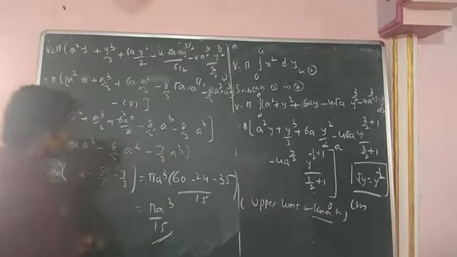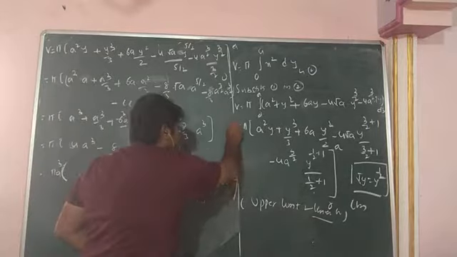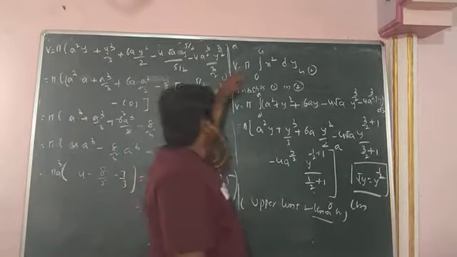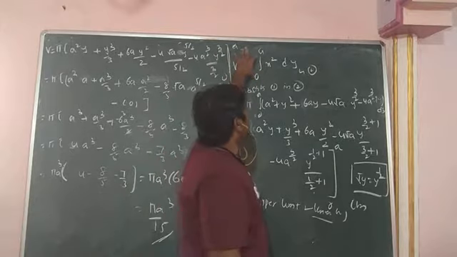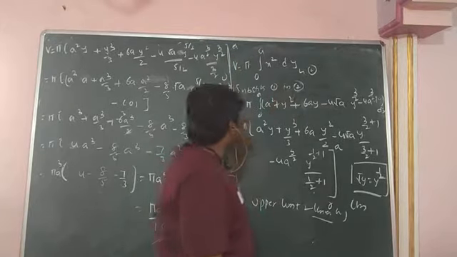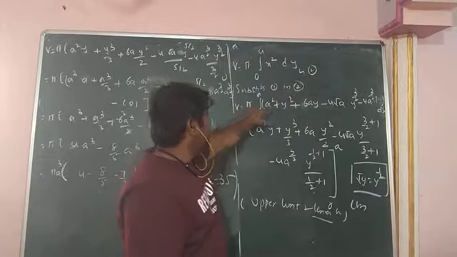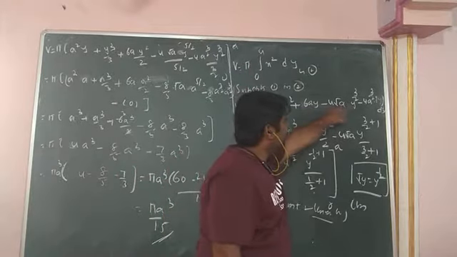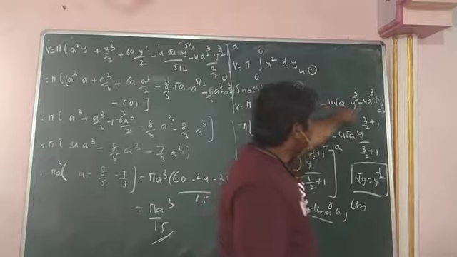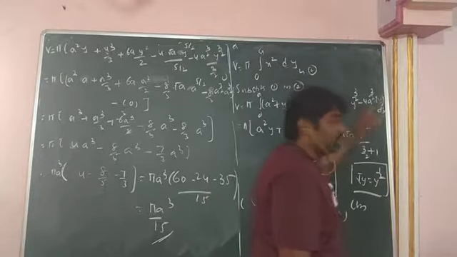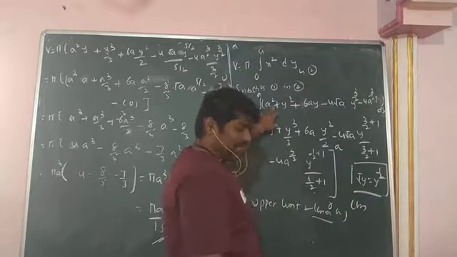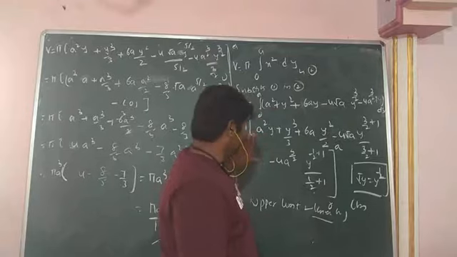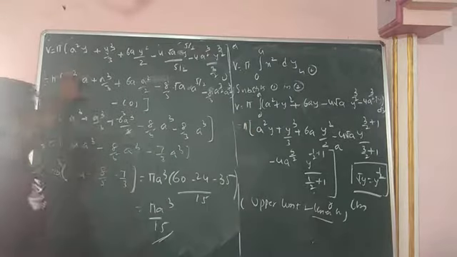So here what we get: V equal to pi integral from 0 to a x square into dy. We find that x square, what is the value of x square? A square plus y square plus 6ay minus 4 root a y power of 3 by 2 minus 4a square into root y. We do the integration and we substitute the upper limit minus lower limit.